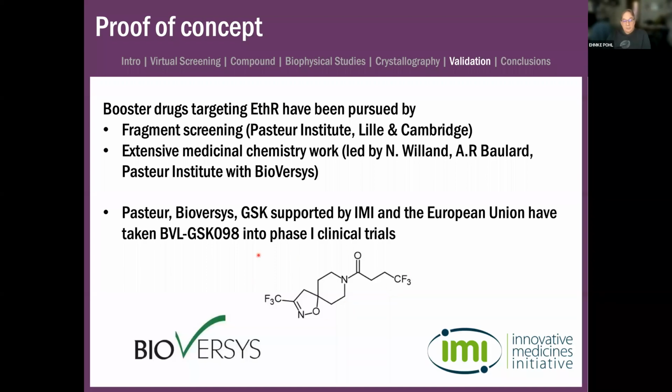And with the help of a large EU grant, they're now putting this compound into phase 1 clinical trials. I should say, unfortunately, we are no longer part of this consortium for various reasons. So we're working in parallel. We're still working with Nicolas and Alain at the Pasteur Institute, but this is now being pursued independently by this little company.